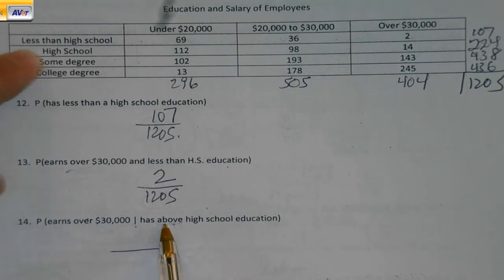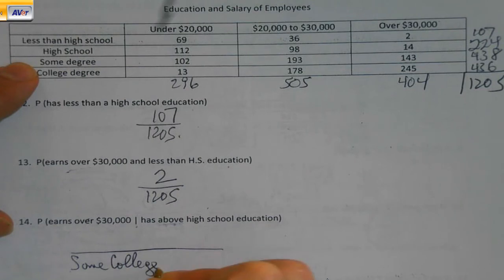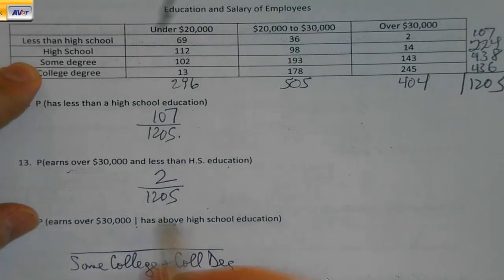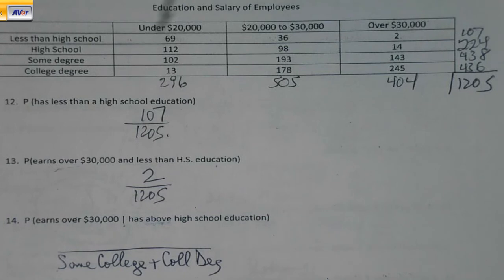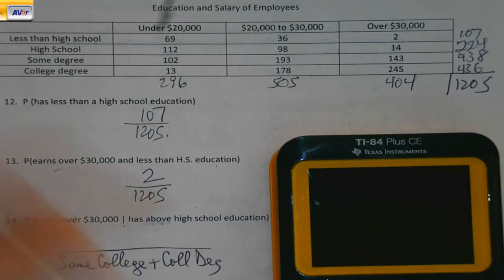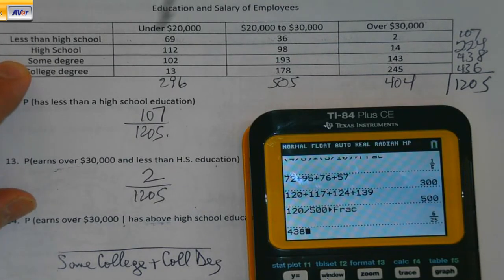No. So this, in actuality, is saying some college plus college degree. So you can get a restriction that's multiple pieces of your chart, because that's what above high school is. It's these. So I add those up.